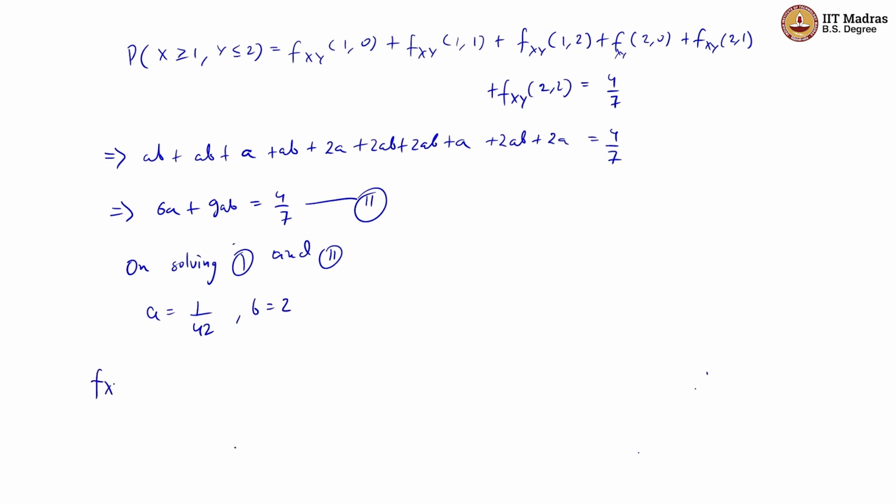So the joint PMF of x and y is equal to 1 by 42 times 2x plus y. So the joint probability that x is equal to 2, y is equal to 1 is 1 by 42 times 4 plus 1, which is 5 by 42, and this is our required answer.